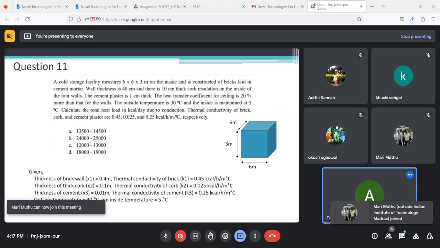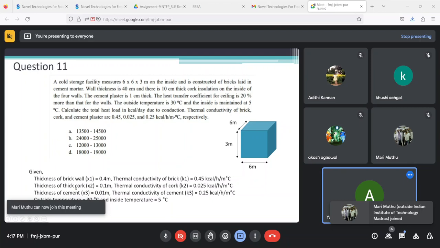Given here, let's say the first layer is your brick, the second layer is your cork, the third layer is your cement plaster. The thickness of the brick wall x1 is 0.4 meters, which is 40 centimeters. I am converting everything into SI units here. Thermal conductivity of brick, K1, is equal to 0.45 kilocal per hour per meter degree Celsius.